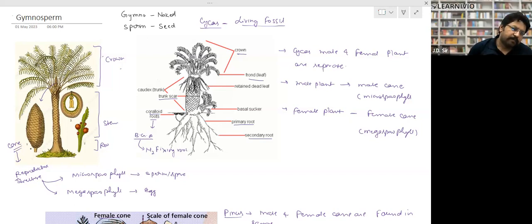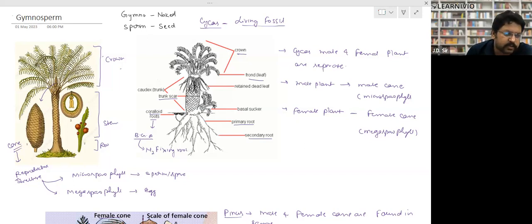Next, sometimes male and female plants are different, and sometimes male and female plants are the same, right? I have already told you that there may be some plants where male and female are the same, and some where they are different.